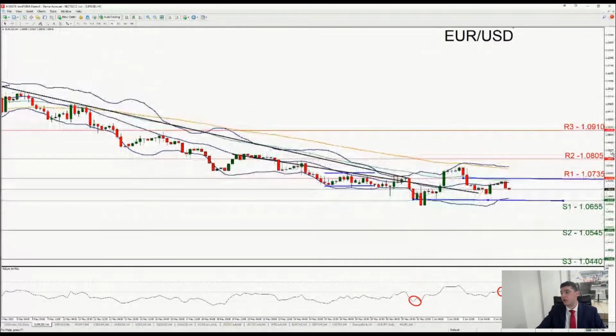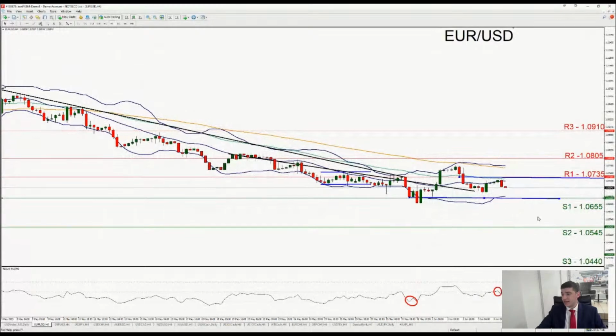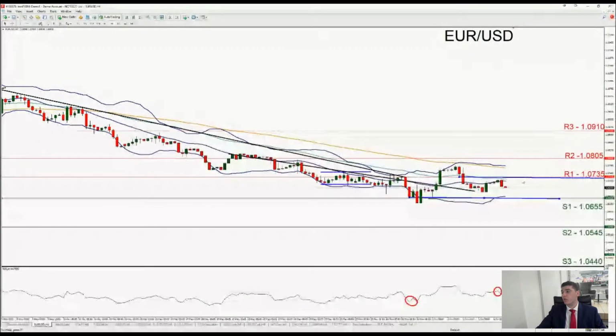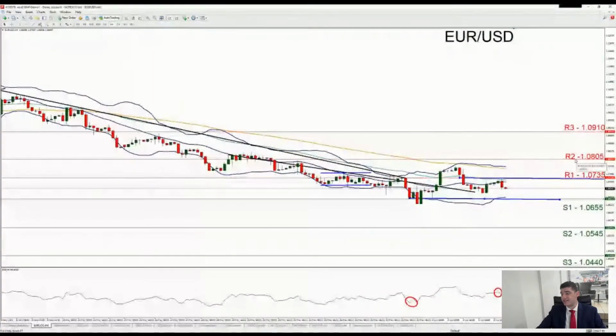Yet, should it break below S1, we may see the next target for the bears being S2 at 1.0545, whereas should it break above R1, the next potential target might be at R2 at 1.0805.